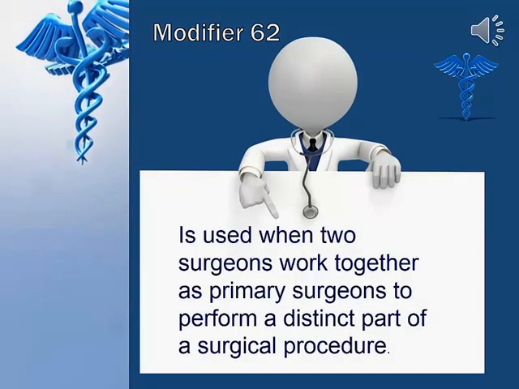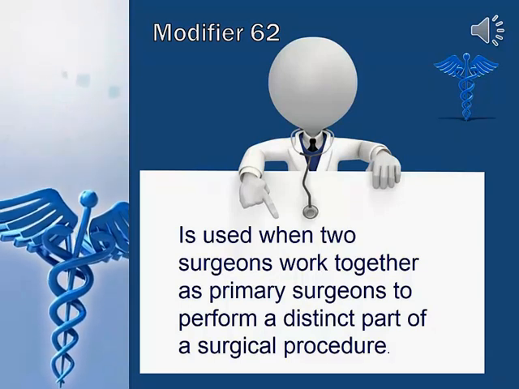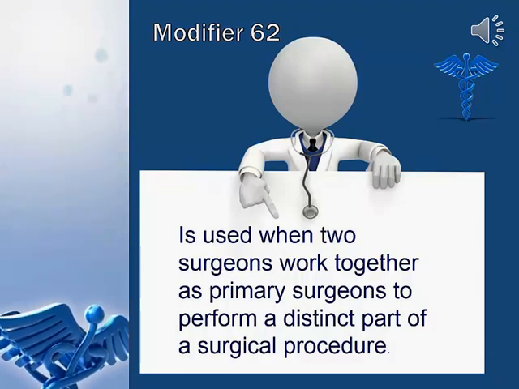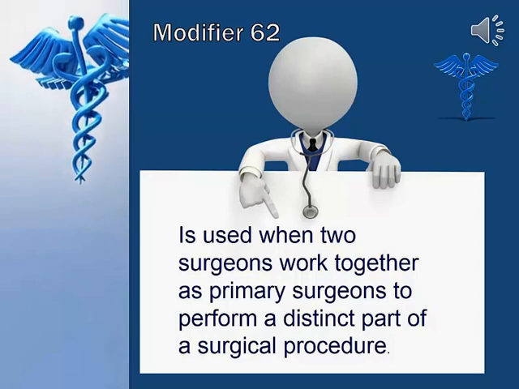I wanted to explain modifier 62 a little further. This modifier is to be used when two surgeons work together as primary surgeons to perform a distinct part of a surgical procedure. If an additional procedure, including add-on procedures, is performed during the same surgical session, separate codes may be reported by each co-surgeon with that modifier 62 appended.